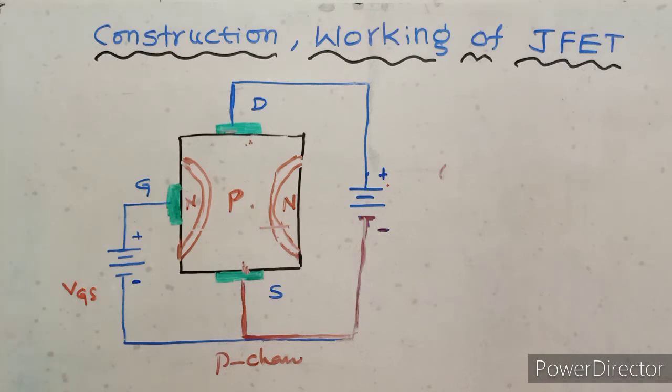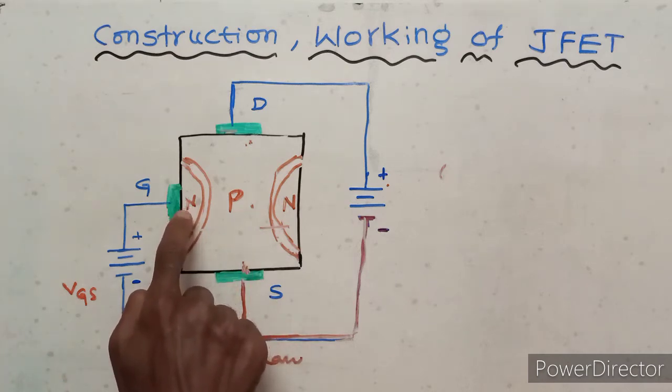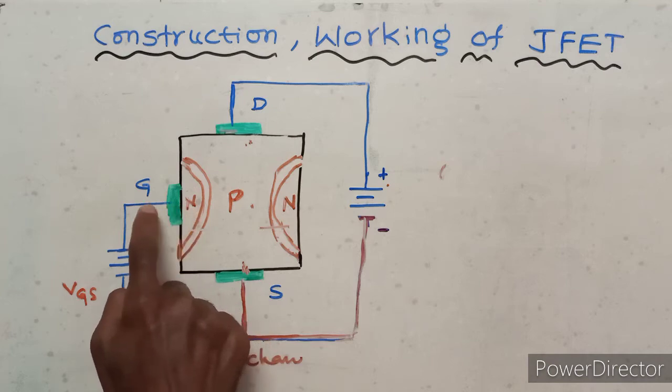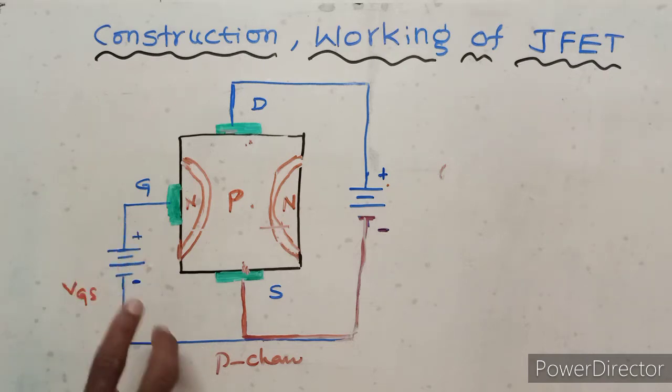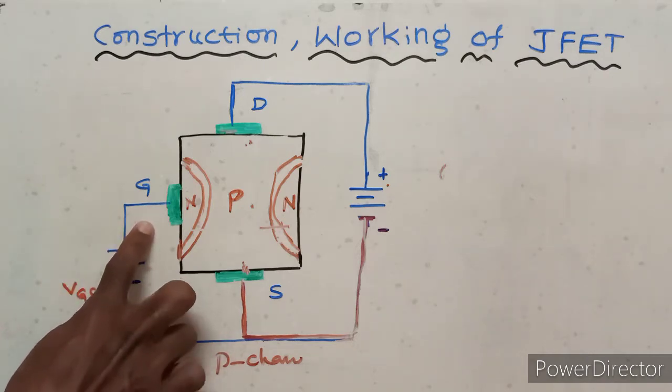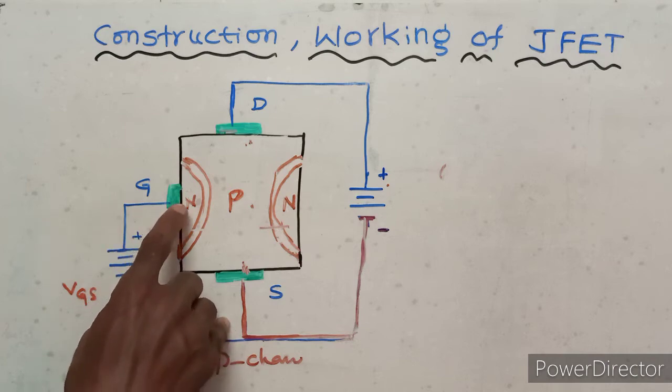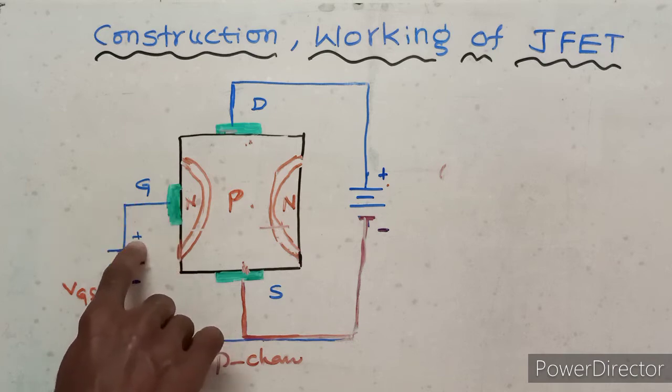Understand? For the n-type semiconductor, the negative terminal of the battery is connected to the positive side, so this is reverse. The voltage between gate and source is always reverse biased.